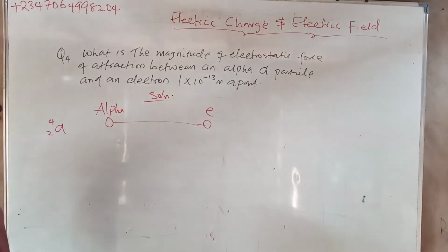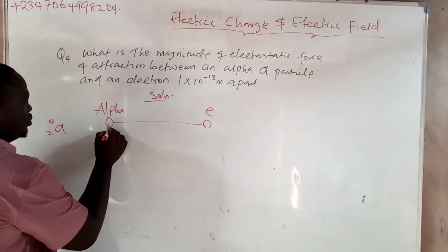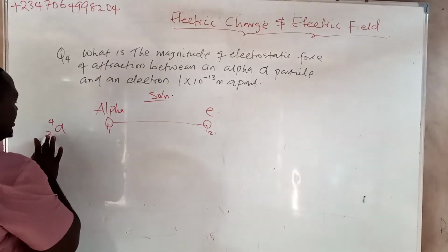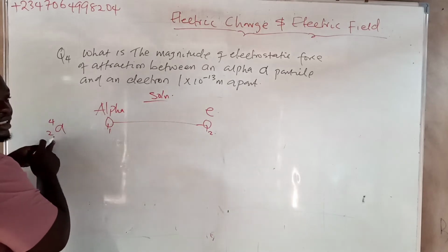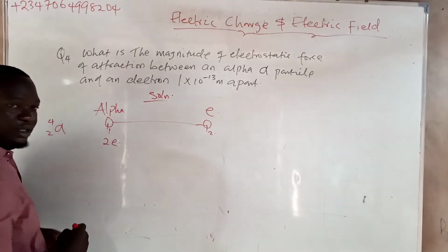And remember, an atom has the same number of protons and electrons. Now, let me call this Q1, and this Q2. That means the charge here should be 2e.